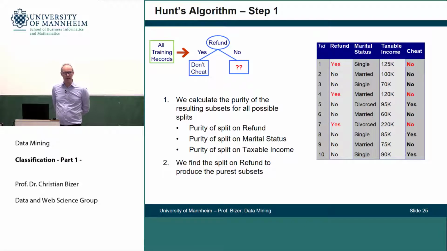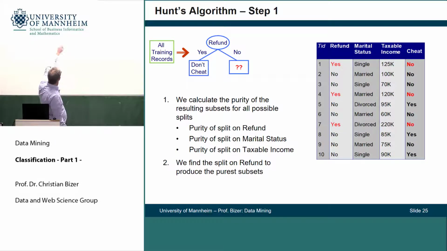This is a bit more tricky attribute because it's a continuous attribute. We will discuss how we find a good splitting boundary for continuous attributes in a minute, but there we also test different splitting boundaries and then compare all these splits and come to the conclusion that for these records, splitting on refund gives us the cleanest sub-buckets.